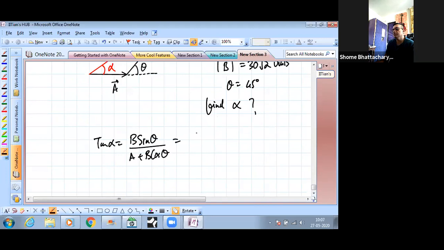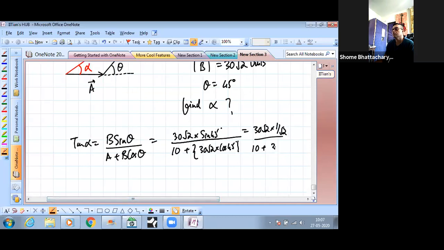So that here will be 30 root 2 into sine 45 degrees upon 10 plus 30 root 2 into cos 45 degrees. So just patiently work out the calculation, there's nothing more to this actually.